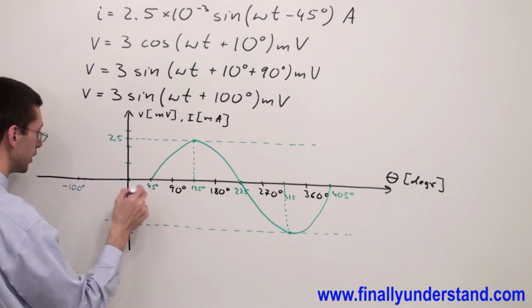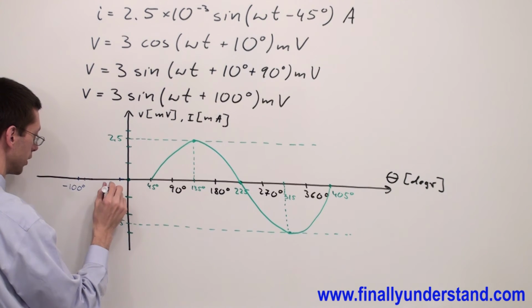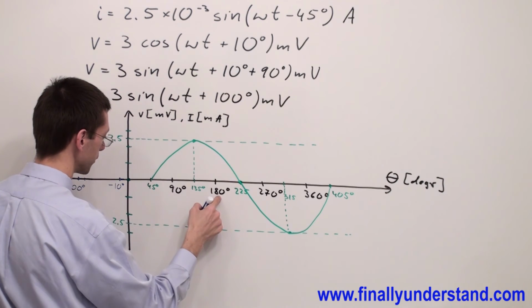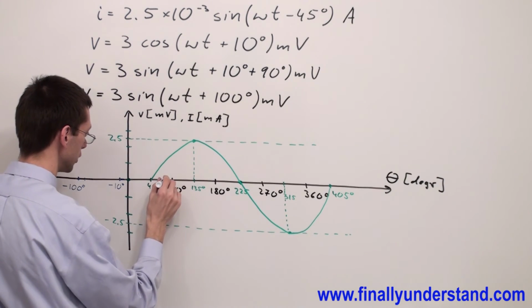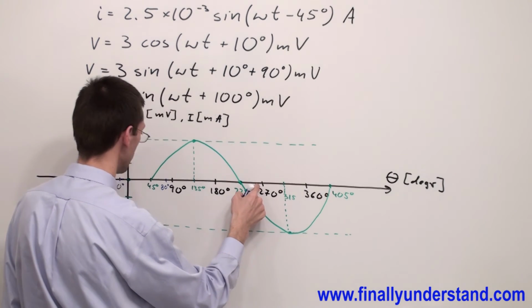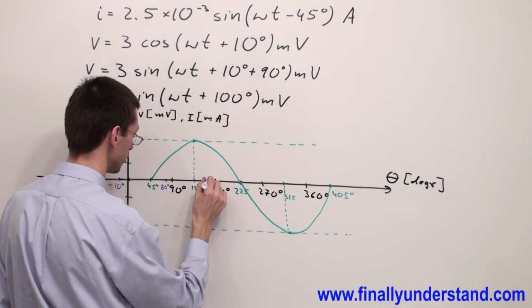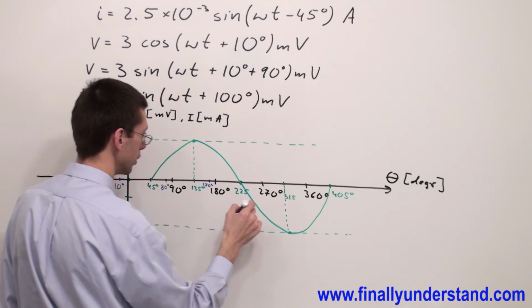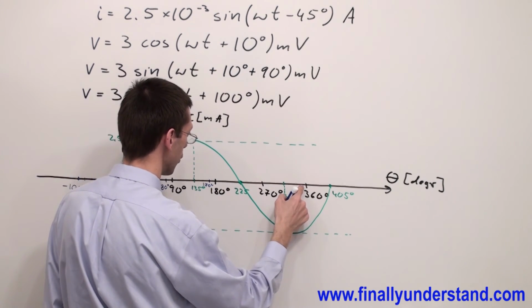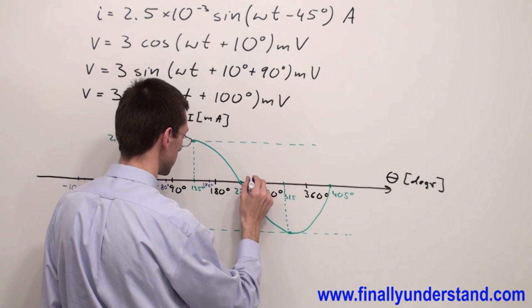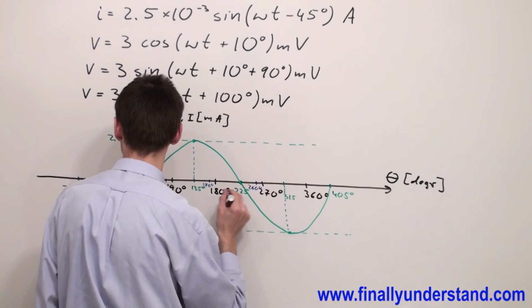Simply 90 minus 100 is going to give me negative 10 degrees. 180 minus 100 is going to give me 80 degrees. 270 minus 100 is going to give me 170. 360 minus 100 is going to give me 260 degrees.